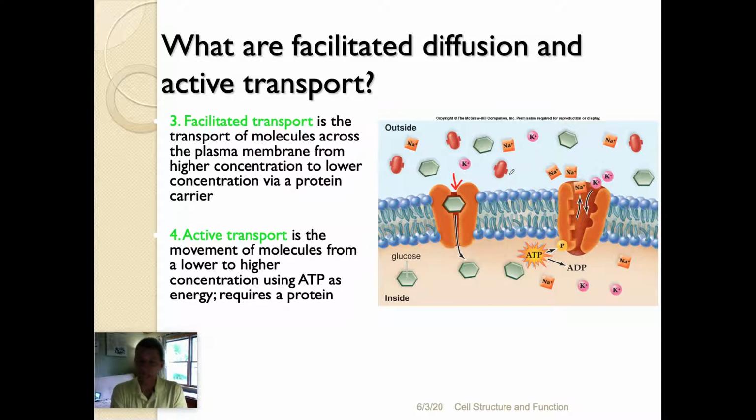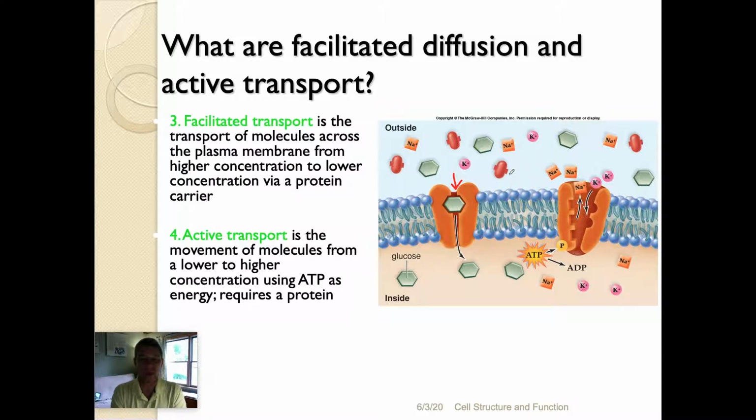Now, sometimes, no matter what you do, you still can't get stuff to where you want it. All right. And in that case, you need to rely on what we call active transport. Now, this is different from the other three because it requires energy. The cell has to expend energy in order for this to occur.